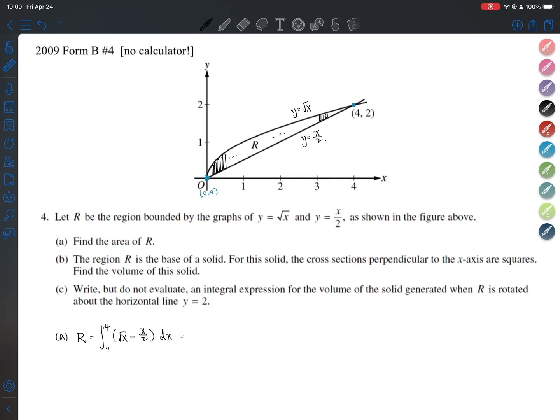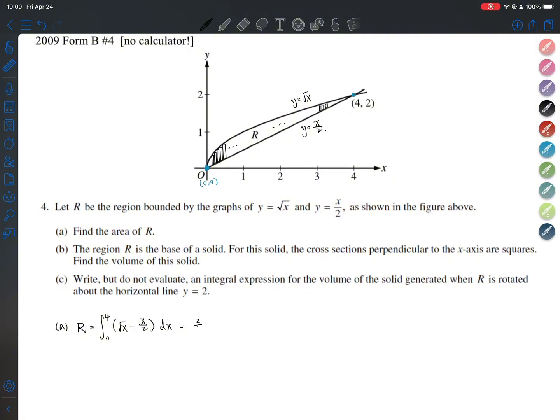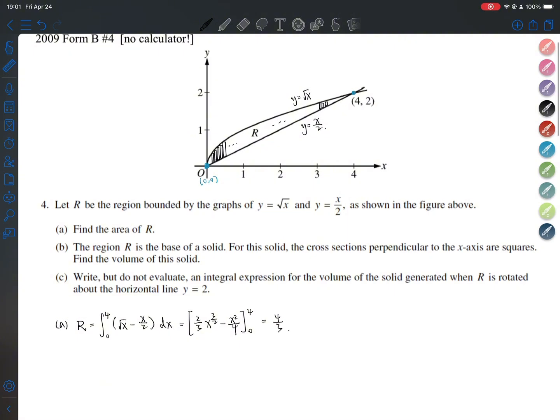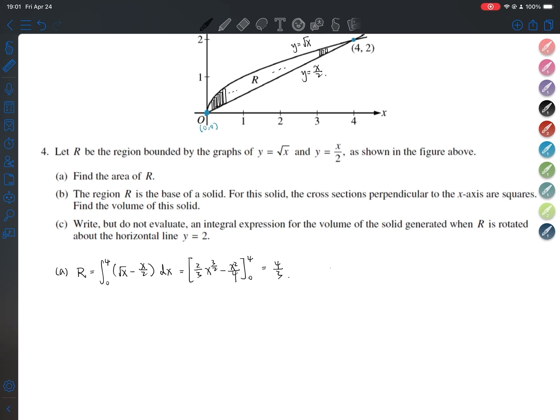And we just calculate this integral. The antiderivative will just be 2 over 3 x to the 3 over 2 minus x squared over 4, and we have that from 0 to 4. And that just equals 4 over 3. So question A is a 3-mark question.